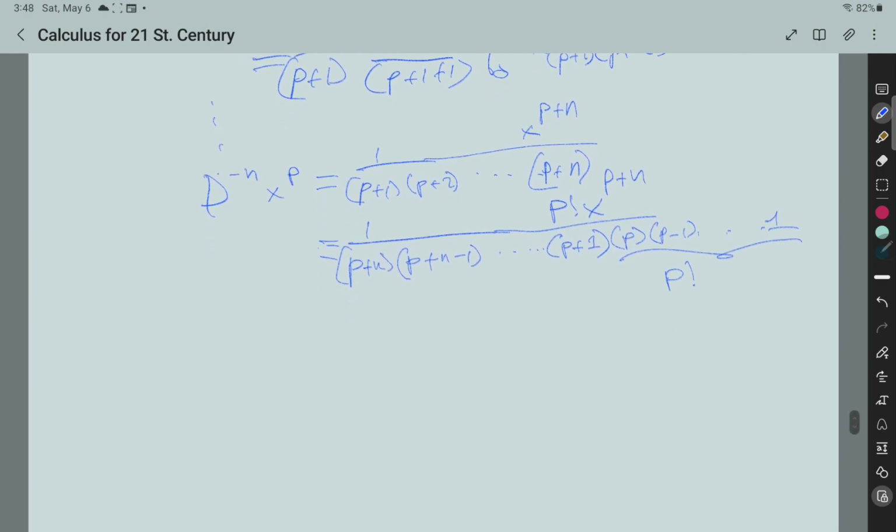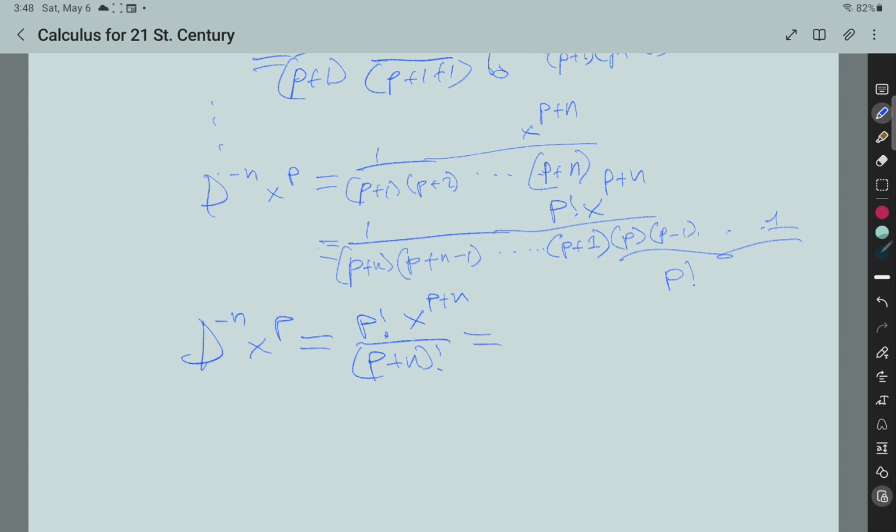Okay. So I'm ready to box this. So d to the minus n x of p is equal to p factorial x to the p plus n, and then the bottom is p plus n factorial. Okay. Now I'm gonna rewrite it in terms of the gamma function.